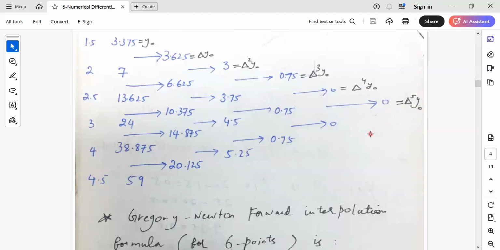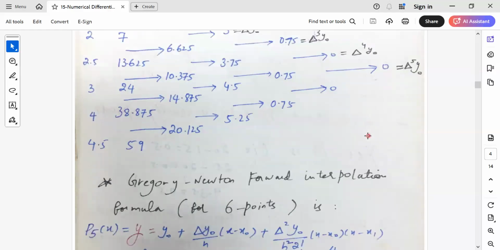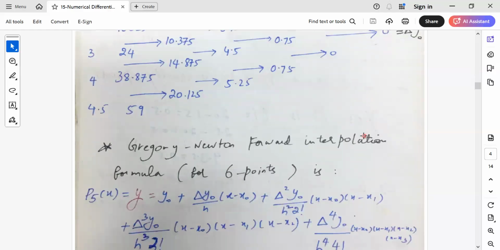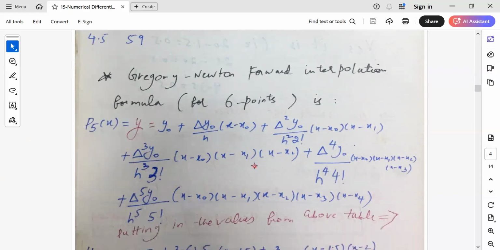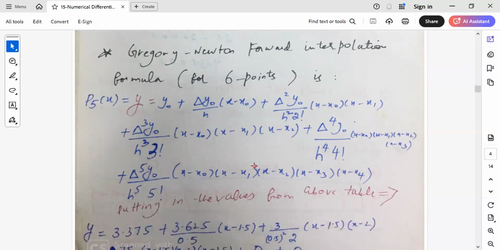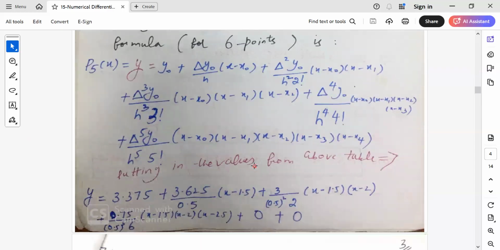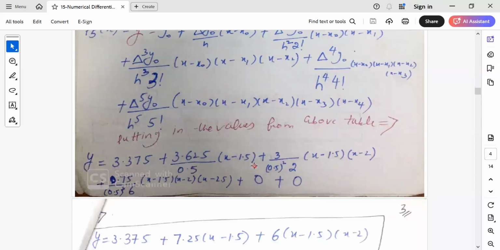So the Gregory Newton forward interpolation formula for 6 points should give us a polynomial of degree 5. This is the formula that we have been using in our first lectures. We will use the same formula, putting in values from the above table, and you will get this formula.